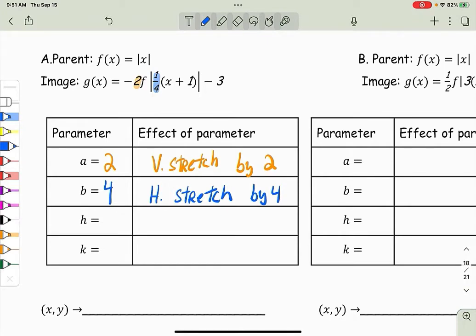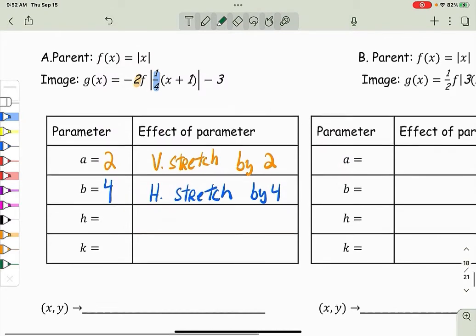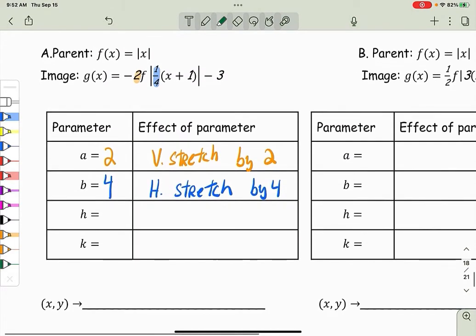Our h parameter, which is the parameter that determines our left and right displacement, our h equals -1, which means it's a left shift of 1 unit. And then our k parameter is a -3, and that means that we have a downward shift by 3.